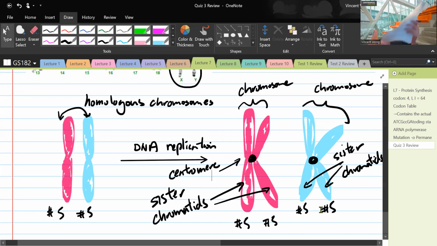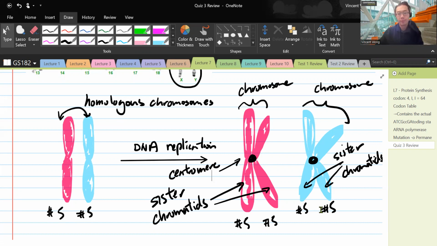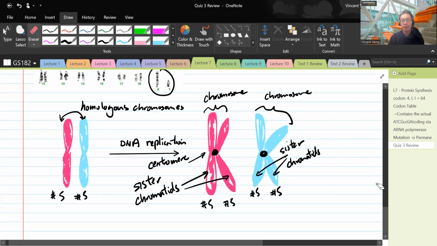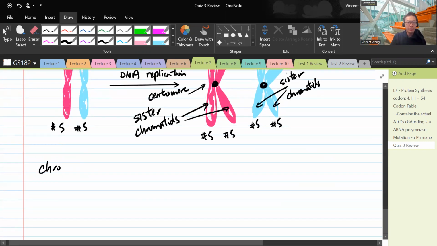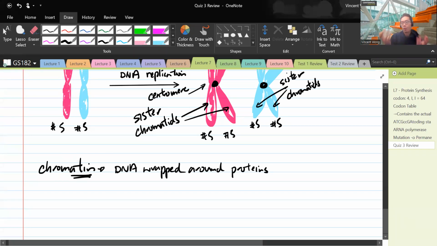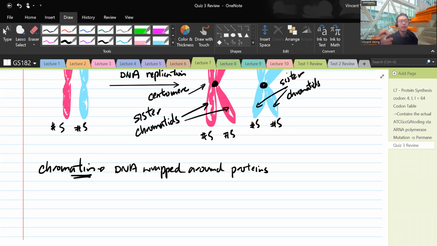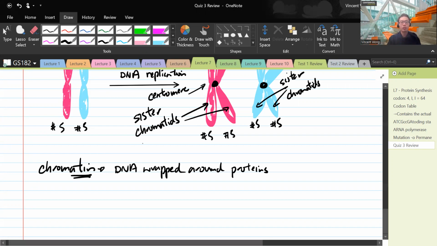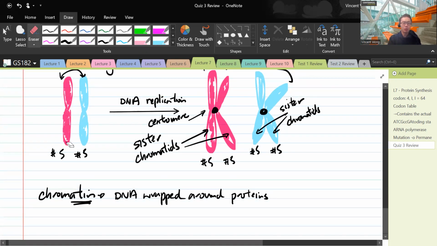Before you move on, is there a big difference between the chromatids and the chromatin? Oh, yeah, they are different. I know they sound the same. Chromatin, T-I-N, is just DNA wrapped around proteins. That's the normal form of DNA that exists within the nucleus. Before cell division, it condenses more, and then it becomes these chromosomes.